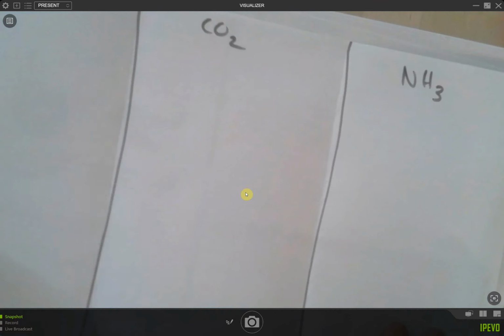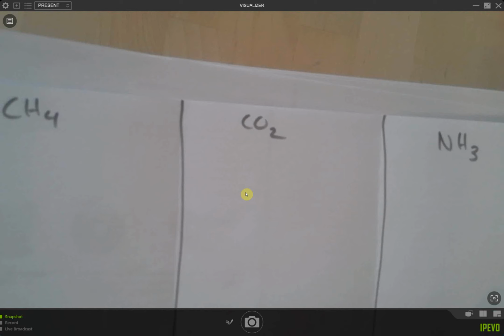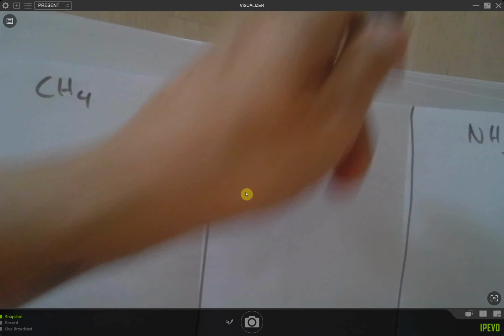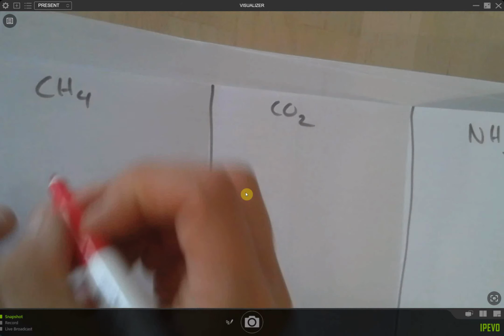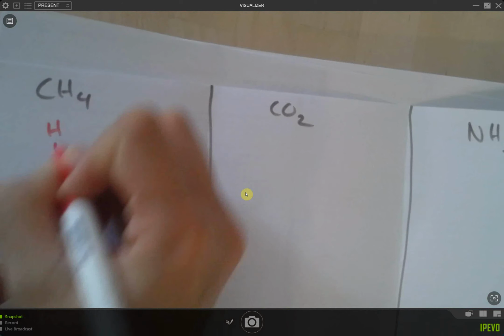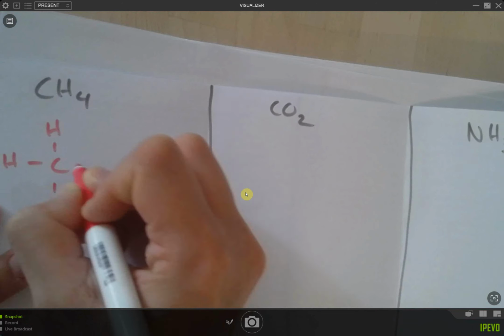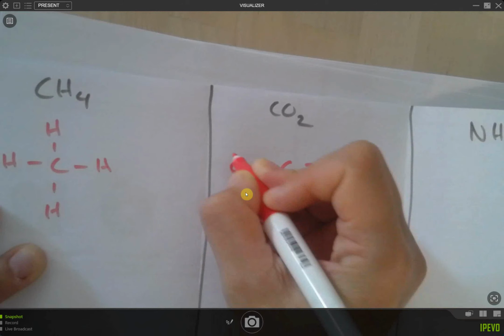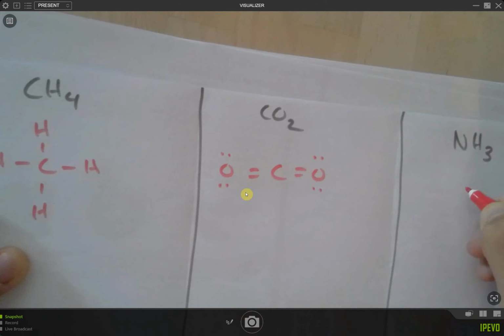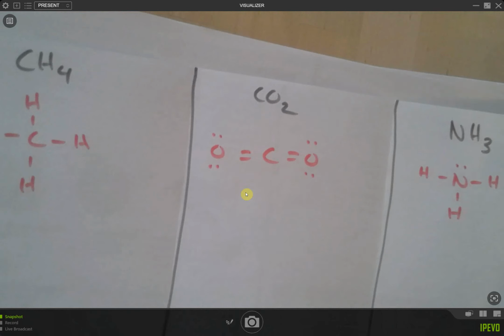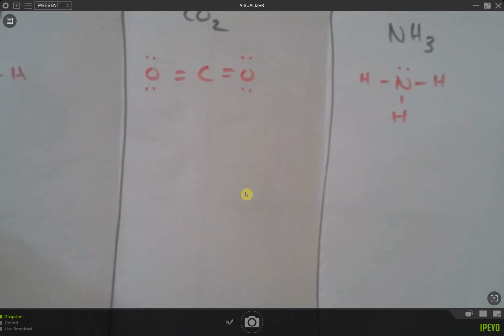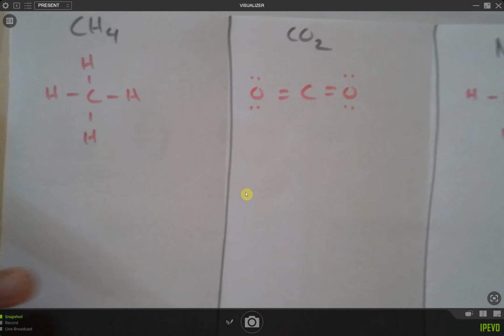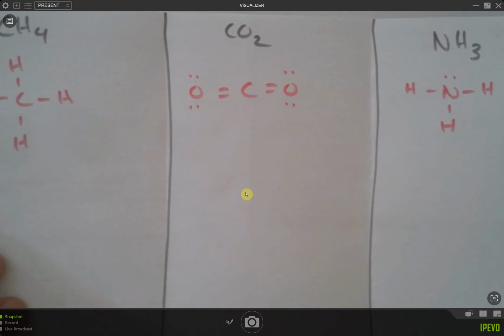So those are my 3 molecules that we're looking at today. I'm just going to quickly draw the Lewis structures. Now, if you're not confident with the Lewis structures, do go back to that lesson. And like I said, you kind of semi-memorize them as you go. All right, so those are my 3 examples that I'm working with.